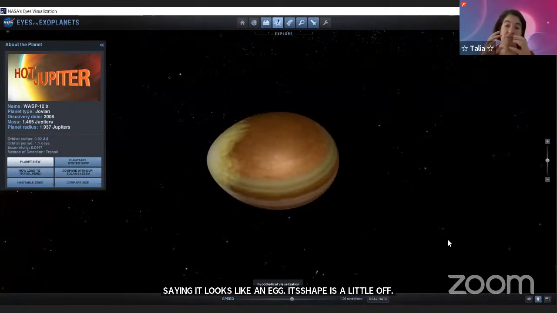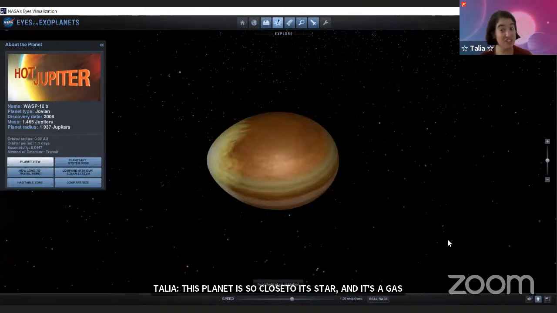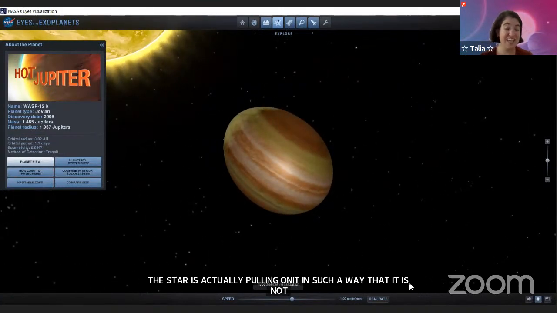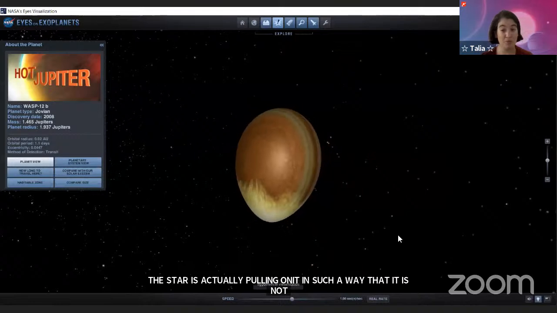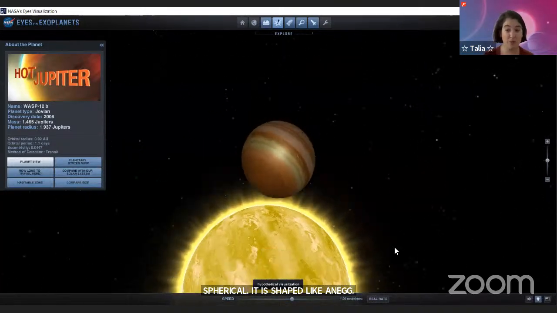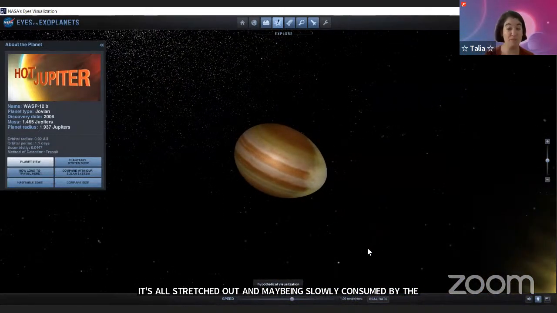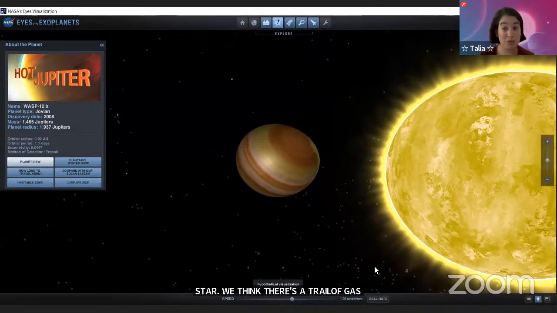And that means the gravity of the star is actually pulling on it in such a way that it is not spherical. It is shaped like an egg. It's all stretched out. And in fact, maybe being slowly consumed by the star. We think there is actually a trail of gas going from the planet to the star as the star slowly pulls gas off of the planet, which means this planet is slowly being consumed by its star.